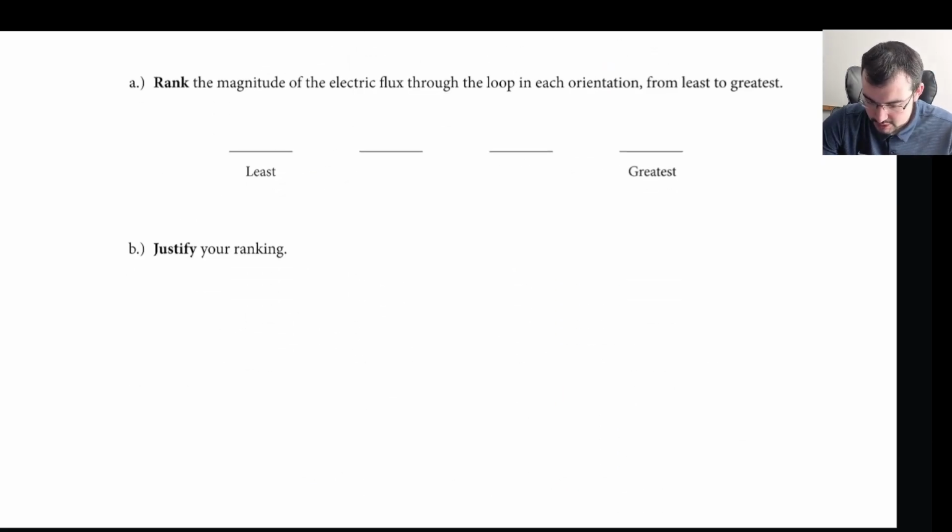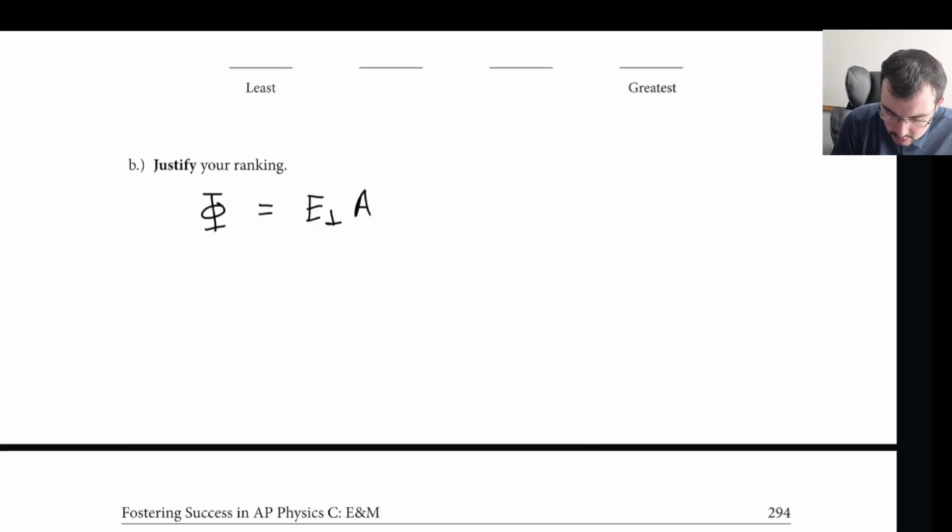So first thing we want to notice is we're just going to start from that definition of flux that says the flux through a surface is just going to be the perpendicular component of the E field times the area. So we should say in our justification that we're really just going to rank E perpendicular.